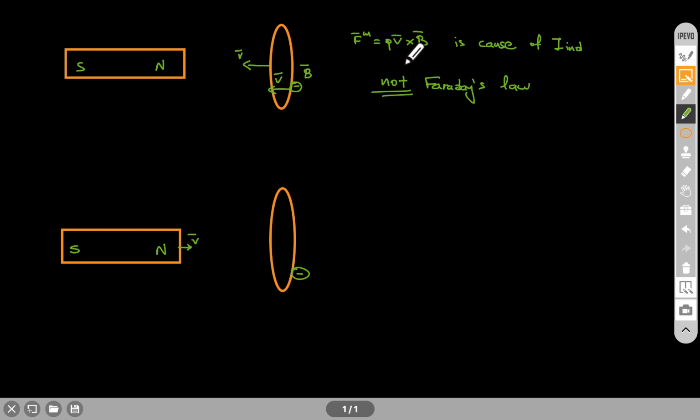This phenomenon is that you get an induced current, an induced EMF, because you have charges moving inside a magnetic field, magnetic forces. The other one, since I mentioned that this is not Faraday's law, I guess you can make the assumption that the next one is Faraday's law, and you are right. This is Faraday's law.